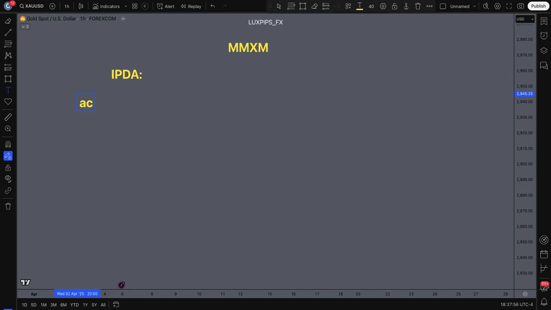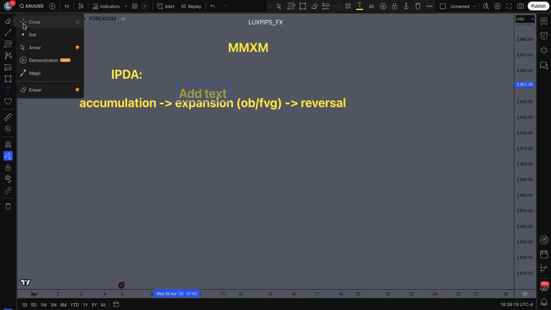So obviously, if we're in accumulation, we're expecting an expansion. Into where? Just as earlier, into an OB, FVG, or whatever. From there, we expect a reversal. That is where most people are going to be trading, right?